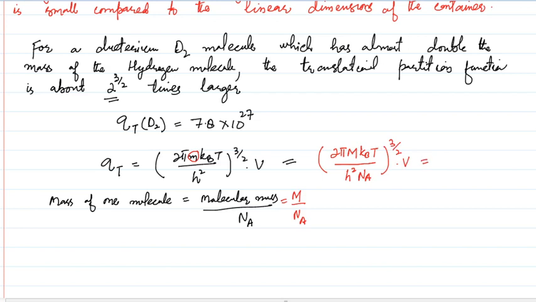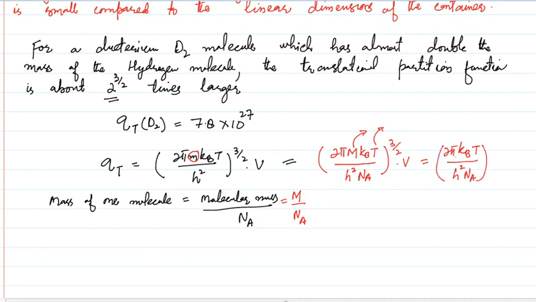What we do, we will take this molecular mass and this temperature outside. We will write then 2 pi kB upon h square and Avogadro number.